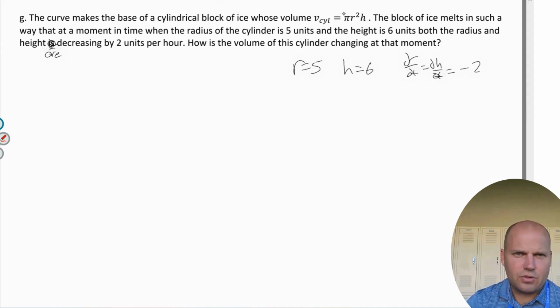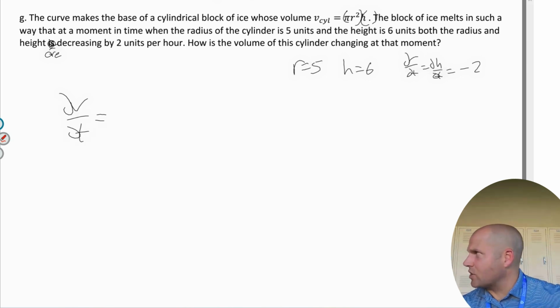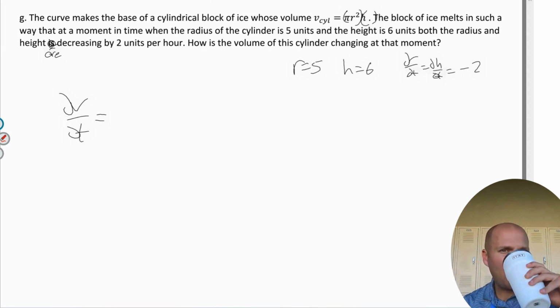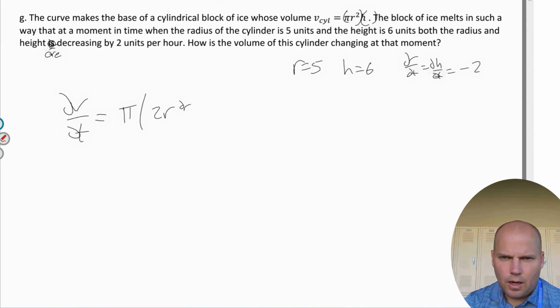Just throwing this at you, just so you're prepared, you may have to use the product rule. You may have a cylinder, you might not have a sphere. Okay? Whether you pull in the pi or not, it's up to you. We're taking the derivative. This is very much like a day 3 question.